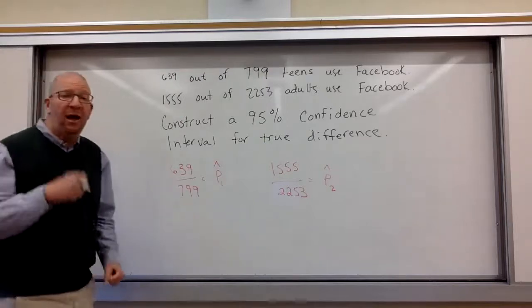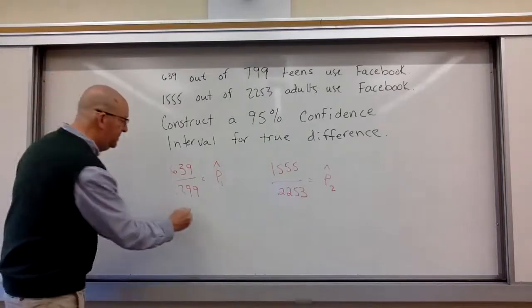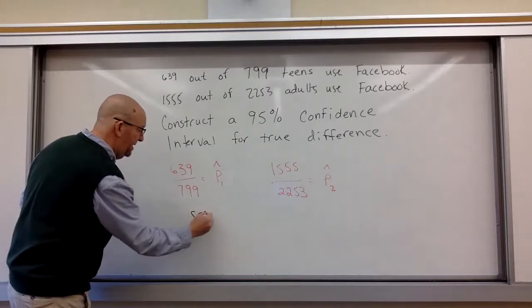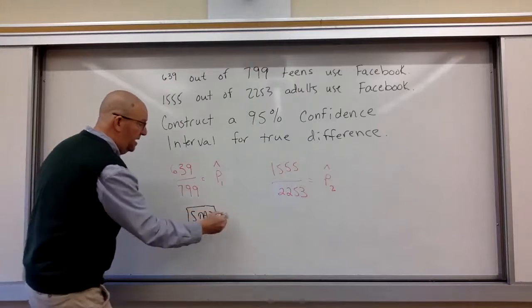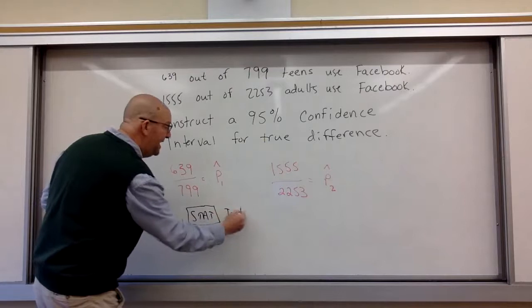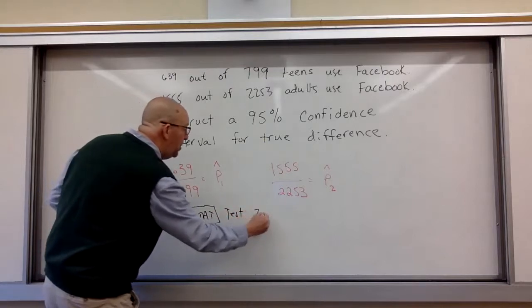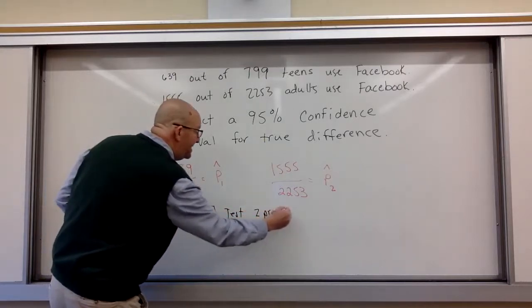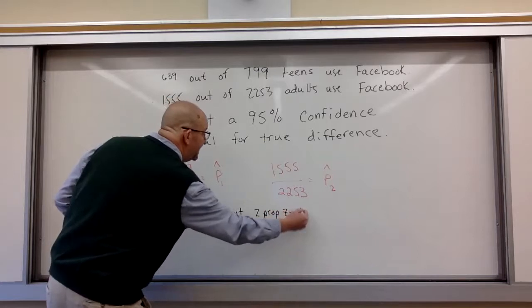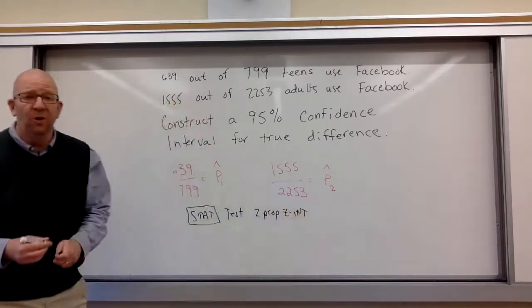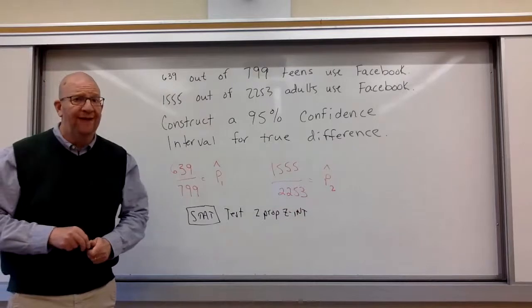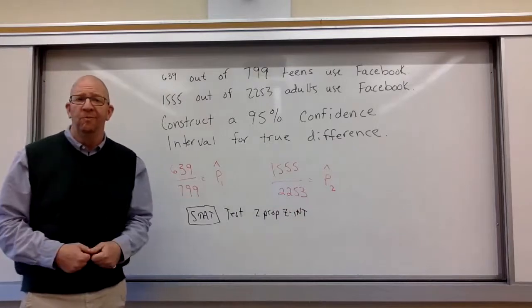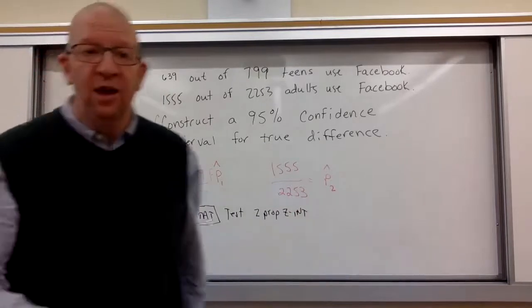Well, let's figure it out. I'll tell you right now, the key is going to be stat, arrow over to test, and then the 2 prop z int. So you can pause the video right now and write that down. Welcome back. Here we go.